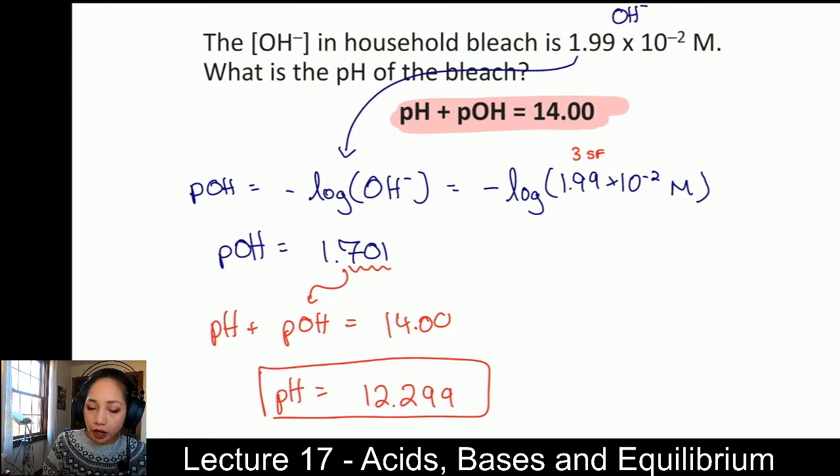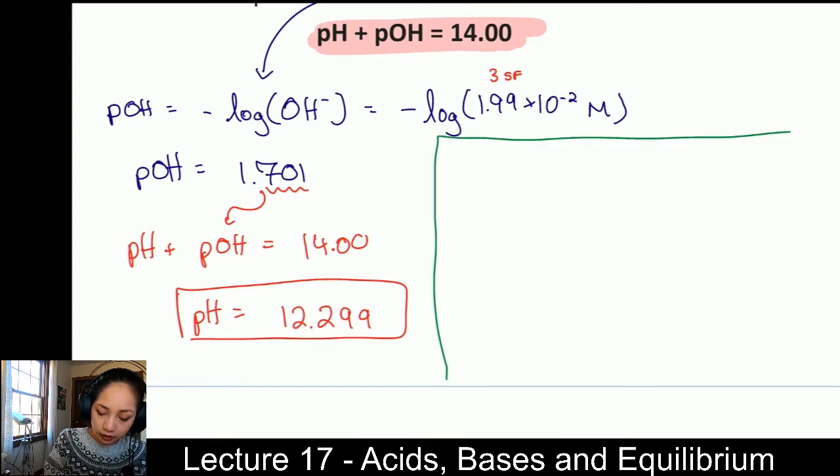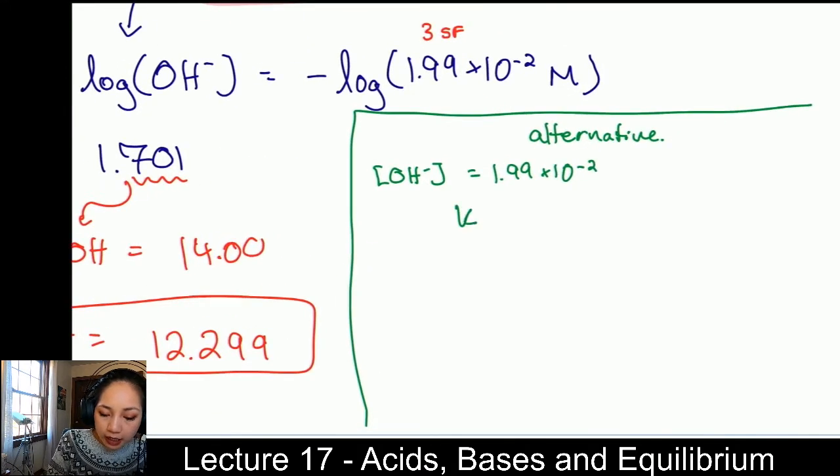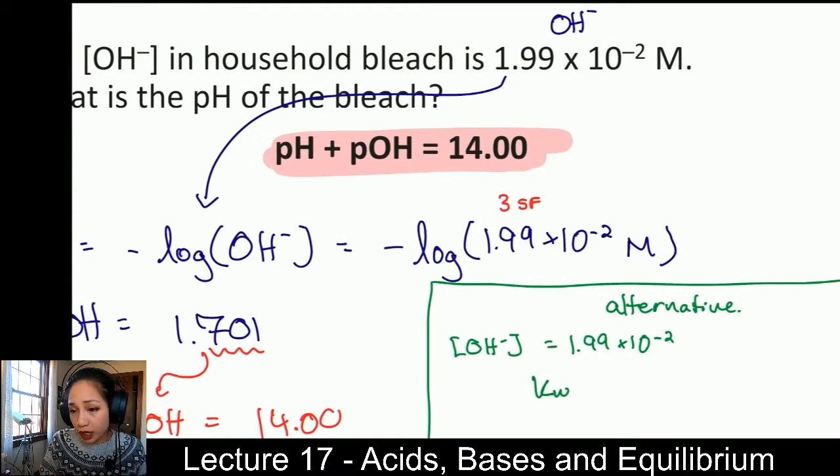All right. And there's also another way we can do this, so maybe I'll just write this on the side. So this is an alternative way. Since they give us OH concentration is 1.99 times 10 to the negative 2, we can also use the Kw expression. And the Kw expression is essentially this expression, but you take the log of it.